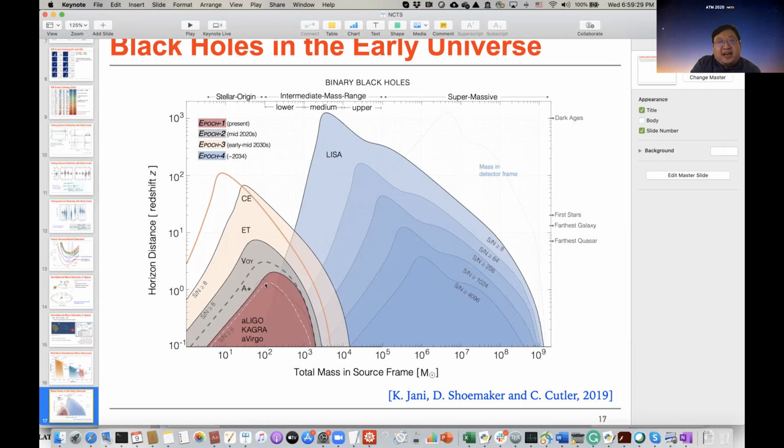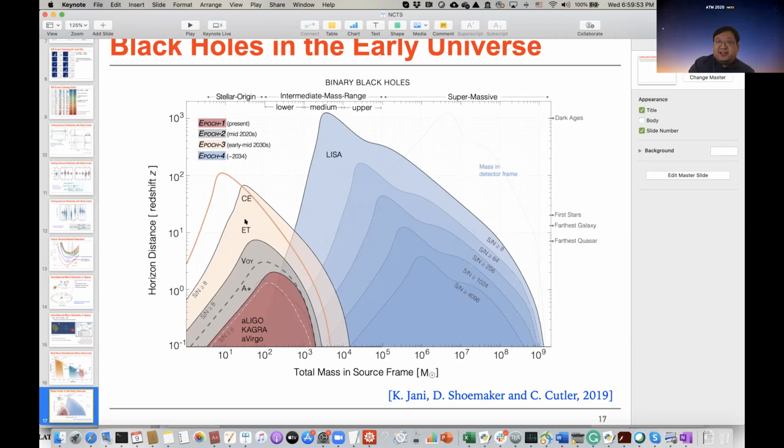And if you look at Cosmic Explorer and the Einstein Telescope in these plots, for the 100 solar mass or 1,000 solar mass, or tens of solar mass black holes, they would also reach distances where we really think the first galaxies have formed.